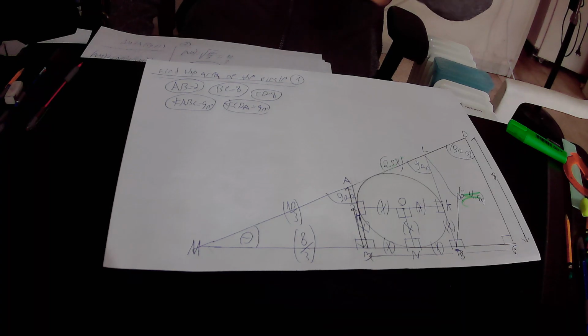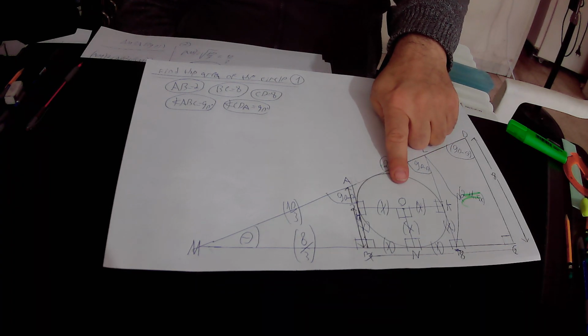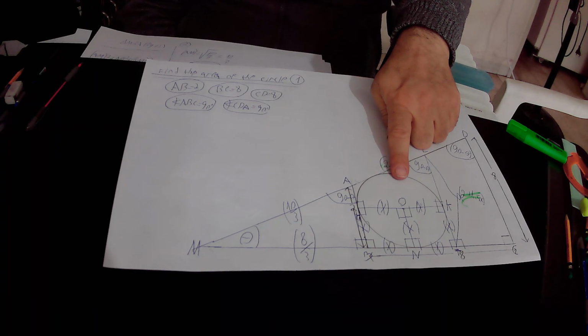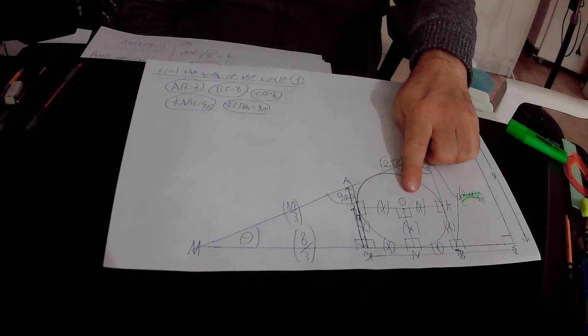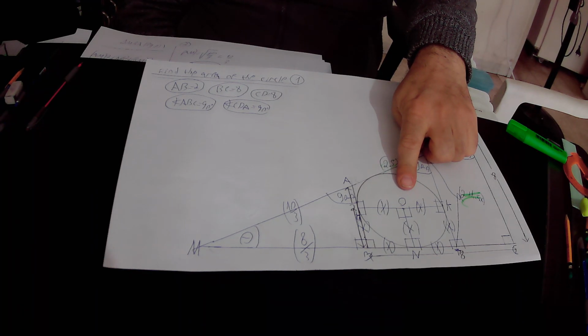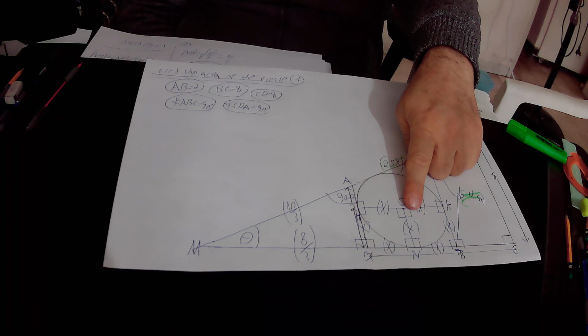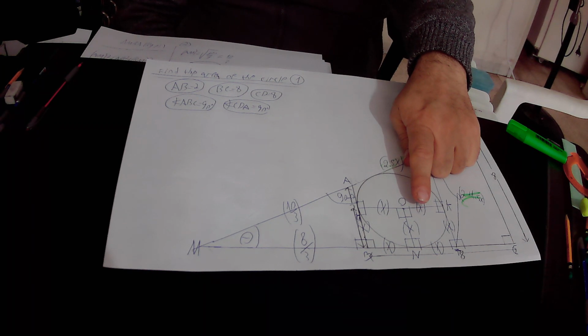Okay, then we define the center of this circle as O, and we added points O and N together by a straight line. Point O is the center of the circle, point N is a point on the circle itself, therefore ON is the radius of this circle. We define the radius of this circle as x, therefore ON equals x because it is the radius of the circle. And we implemented here the tangent-radius rule.